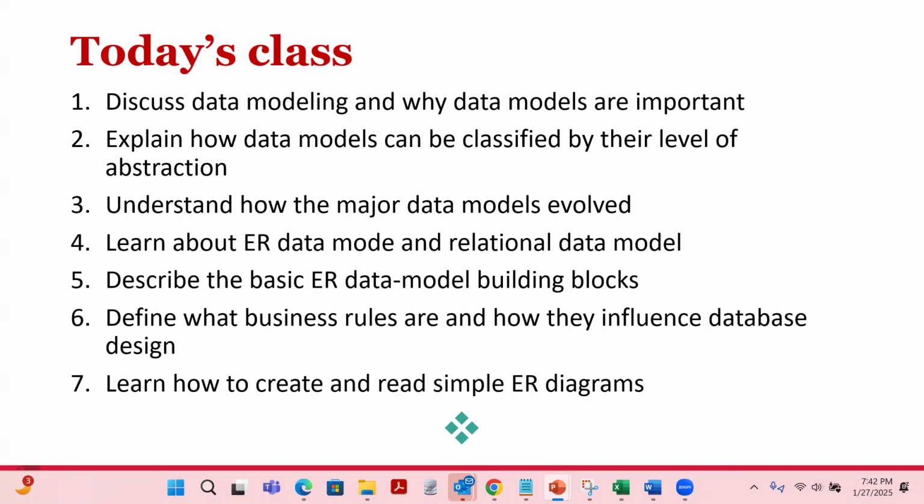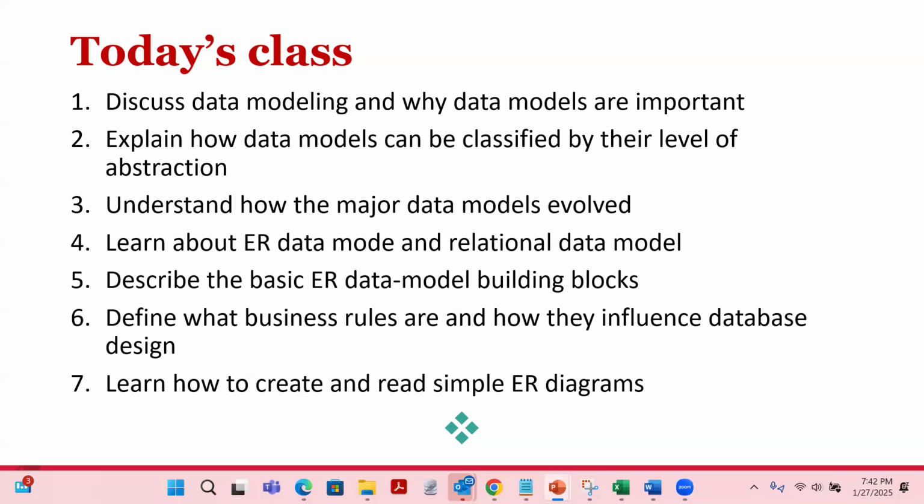And for the evolution of data models, we will need a concept of abstraction. For those of you who took programming classes, you probably know about abstraction, but for those of you who don't, we will discuss it today, what abstraction is and why it's important to understand it. We'll be getting to this term abstraction multiple times during this course, so it's important to understand it.